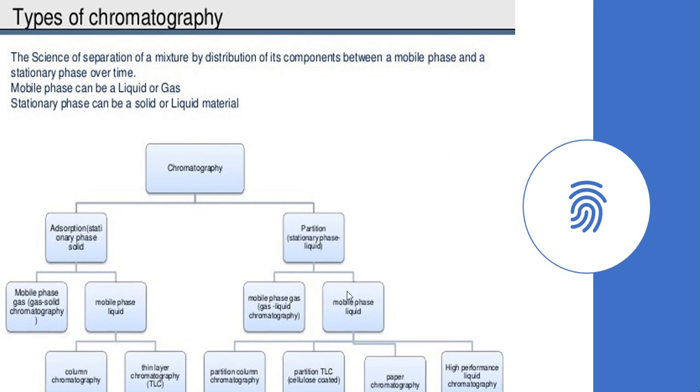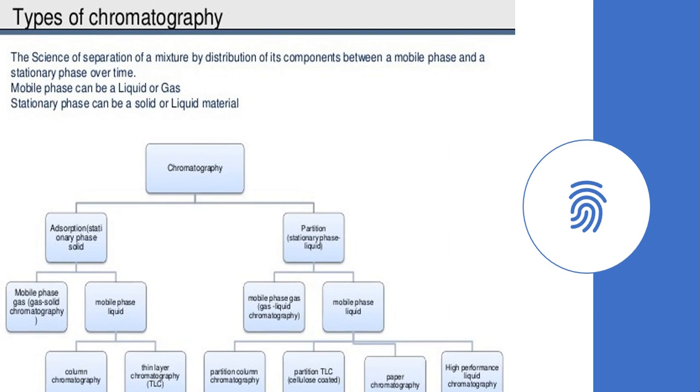This partition chromatography, depending upon the liquid or gas mobile phase, is again classified into different types. So depending upon the mobile phase and the stationary phase being liquid, we have partition column chromatography, partition thin layer chromatography, paper chromatography, and HPLC, high performance liquid chromatography.